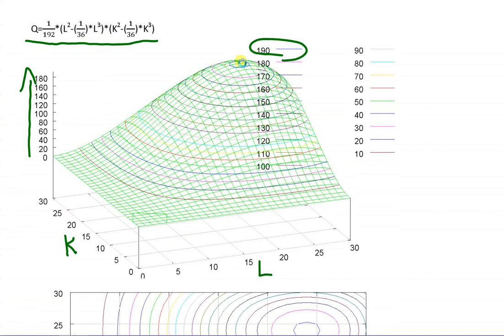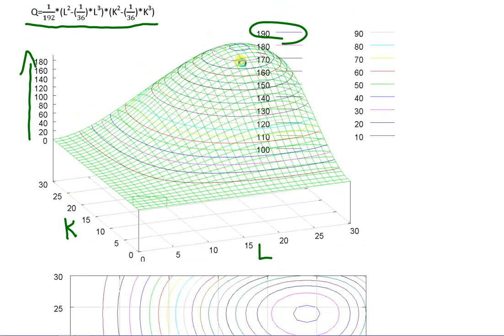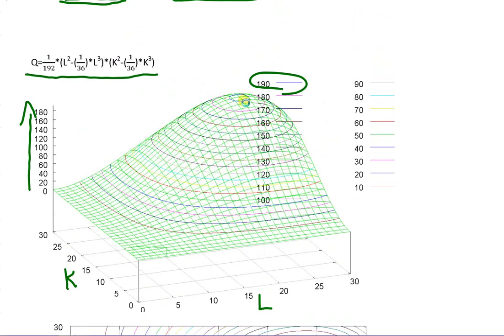We'll look at this more specifically down below here. Beyond that point, your production actually starts to drop as you add more labor or more capital. You're just getting too crowded, perhaps. Now again, usually we assume that more inputs will result in more output, but that doesn't always have to be the case. So we'll start here and look at some of the interesting features that are going on here.